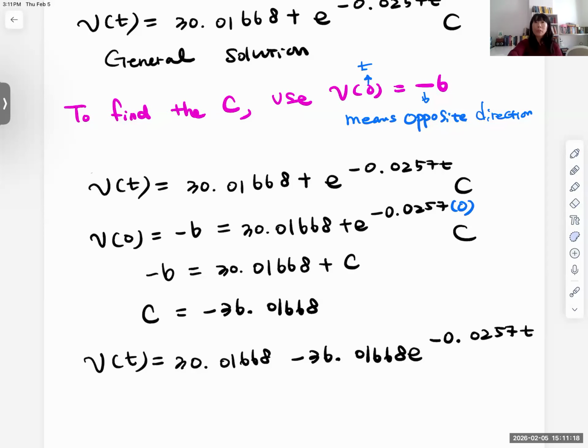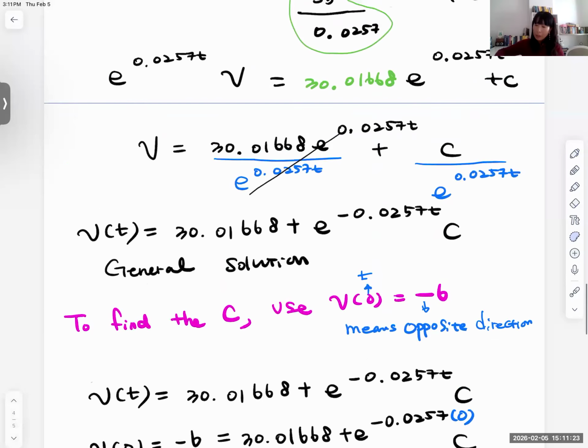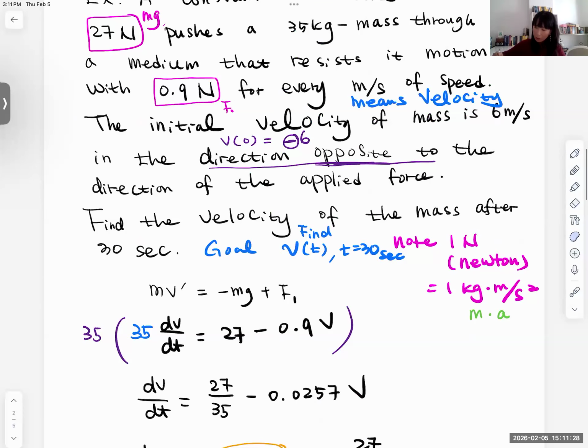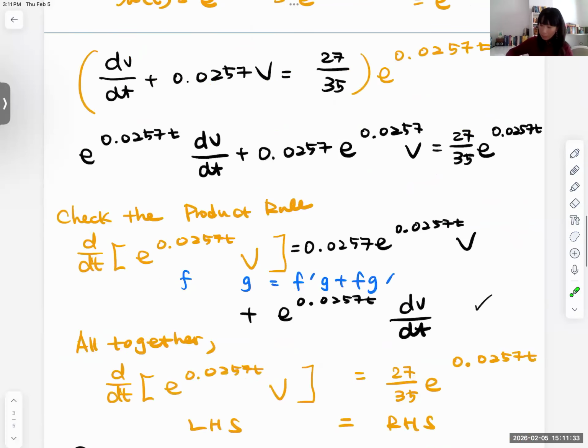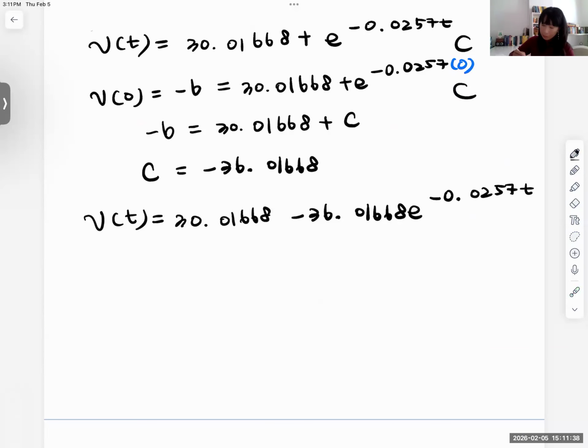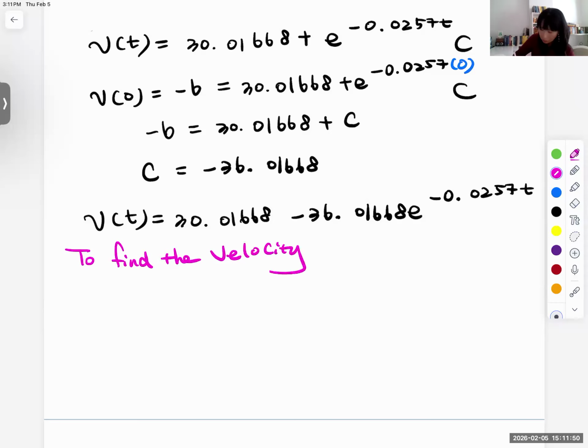All right, but then we want to know the velocity when t equal to 30 seconds. Okay, let's find out, then we're done. So find the velocity when t equal to 30.